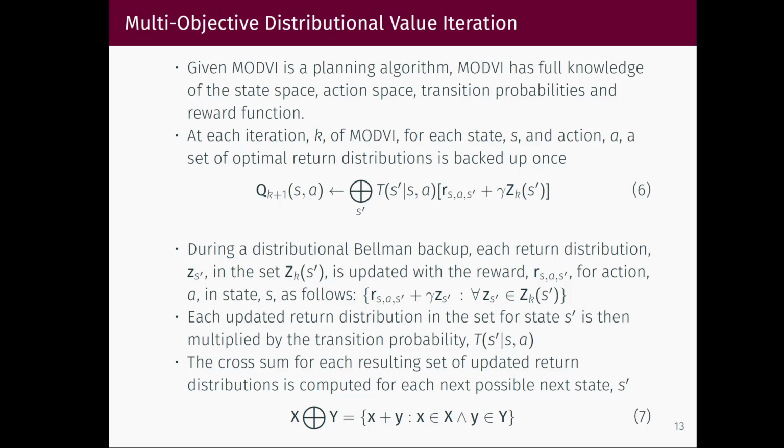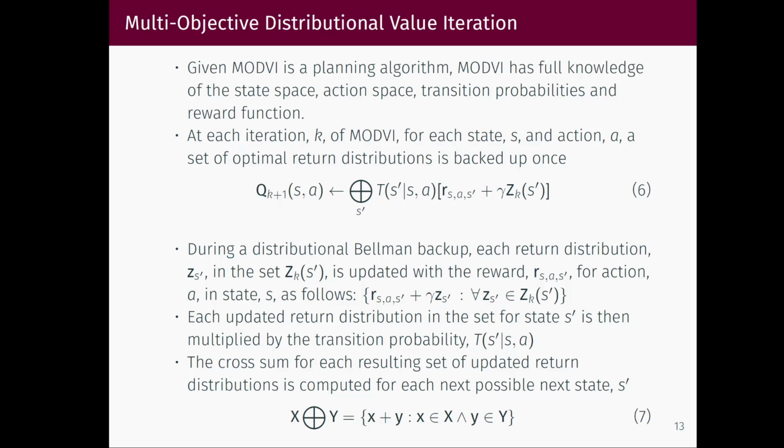During the distributional Bellman backup, each return distribution in the set of return distributions Z is updated with the reward R. To update the distribution, the distribution is shifted relative to the reward. And that's done for each distribution in the set capital Z.